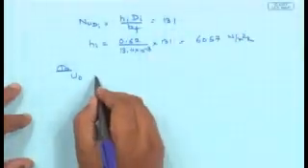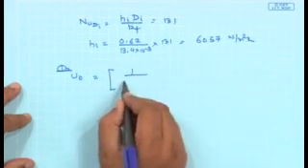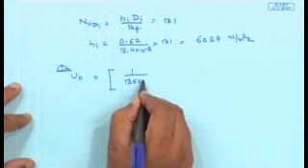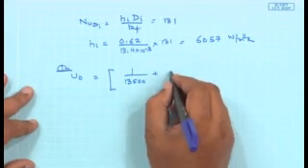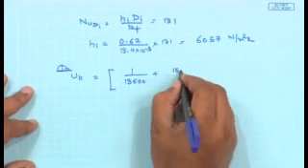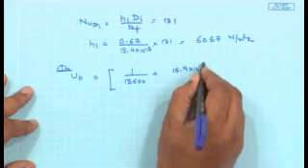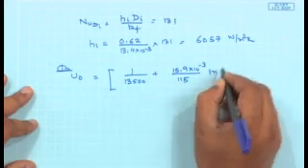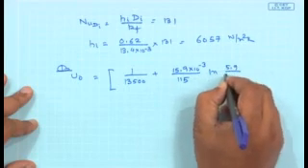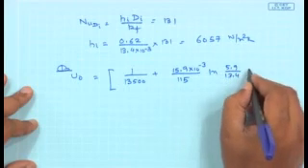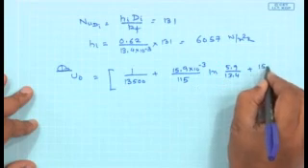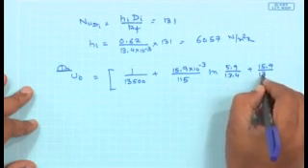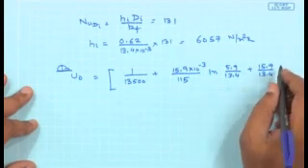So U naught can simply be calculated as 1 by Hi, which is 13,500, plus 15.9 into 10 to the power minus 3 by K, which is 115, and ln of 5.9 by 13.4, plus, just putting in the values, nothing else.